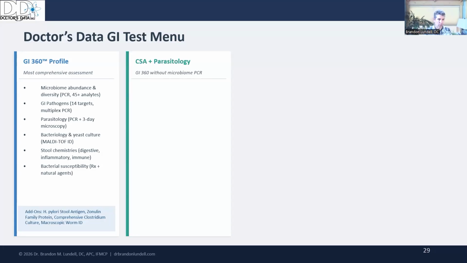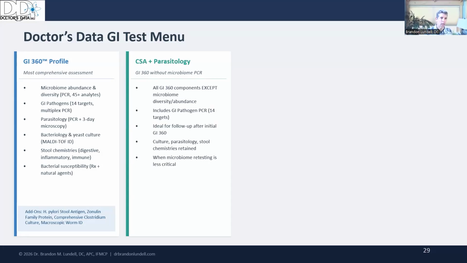How that differs from the comprehensive stool analysis plus parasitology is that you don't get the microbiome abundance and diversity, but you get all of these other things. Okay, so sometimes you don't need the microbiome abundance and diversity, and I'll tell you why, down the road, in a few minutes.